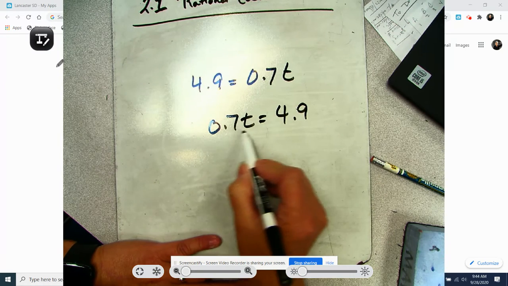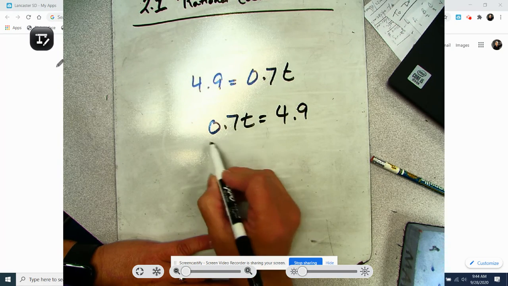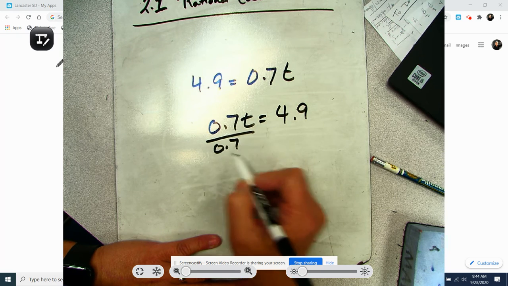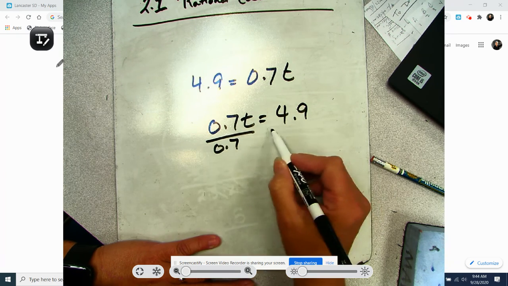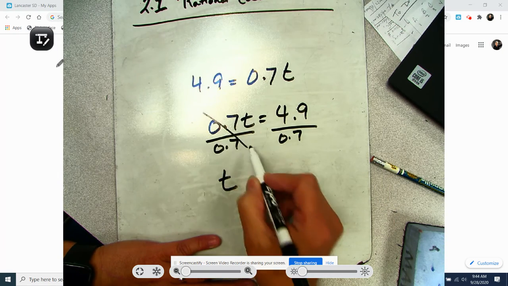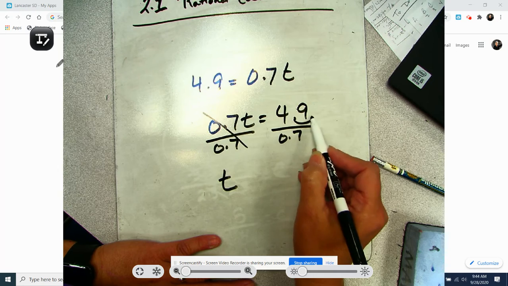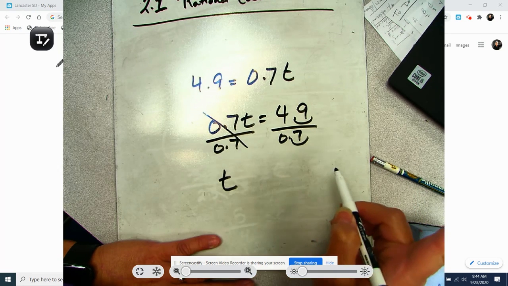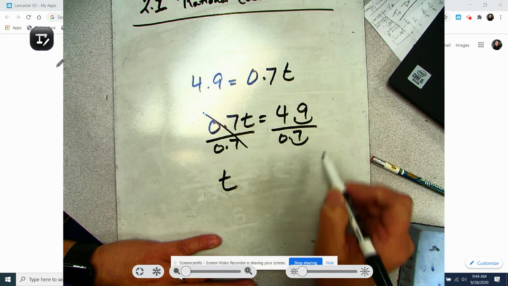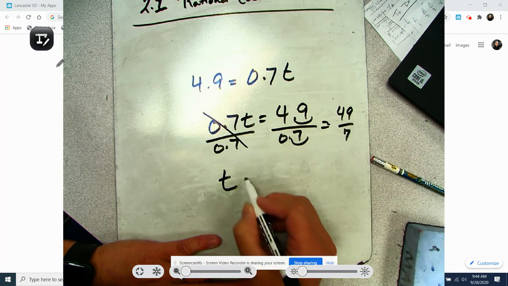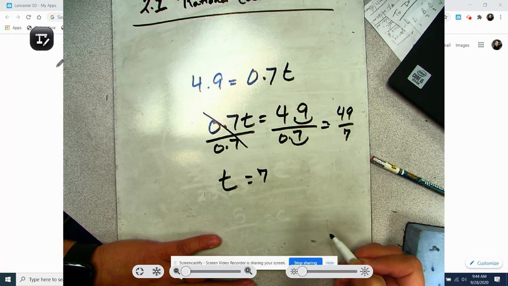The number in front of the letter is 0.7, so I'm going to divide both sides by that because that's a multiply, and the opposite of multiply is to divide. So this is going to be t because this is going to cancel. I'm going to move the decimal over one place on each, top and bottom. I did the same amount on top and on bottom. This means I'm going to take 49 and divide it by 7, and that is 7.